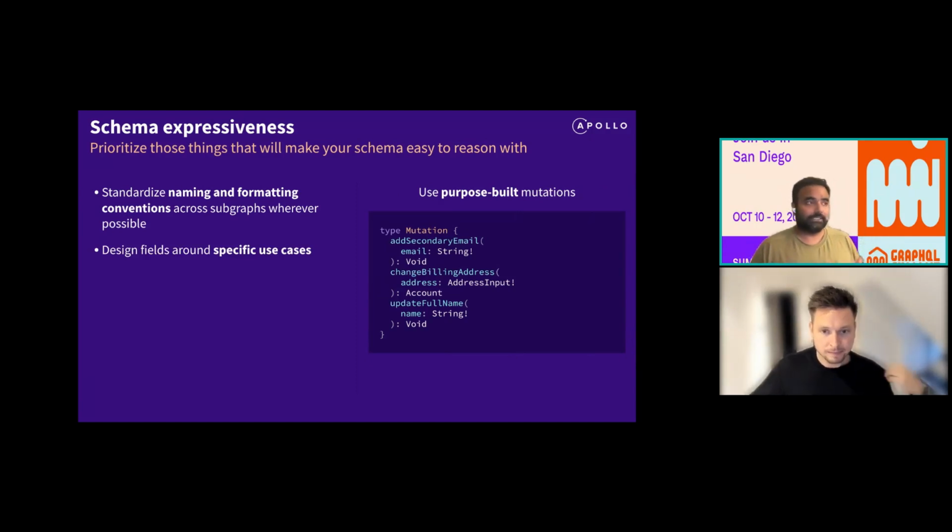This approach really applies to mutations as well. Extending on the example from the previous slide, you can see here that we have multiple mutations, and each one only accepts a single input argument and is only responsible for making a change to that argument. So adding a secondary email only takes in an email address and will only modify the secondary email for a given user.